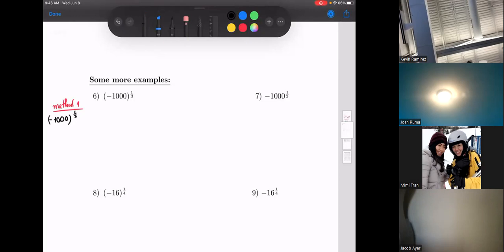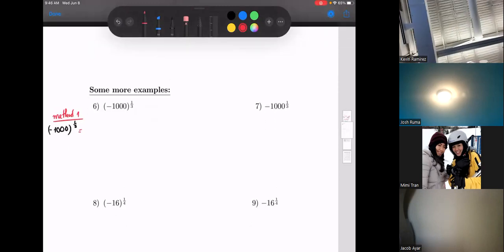So 1,000, I can rewrite it as what? Negative 1,000 is the same thing as negative 10 times negative 10 times negative 10, 3 times, right? So negative 10 to the 3rd. And outside, you still have that 1/3. What should I do with the two powers? Multiply, right?